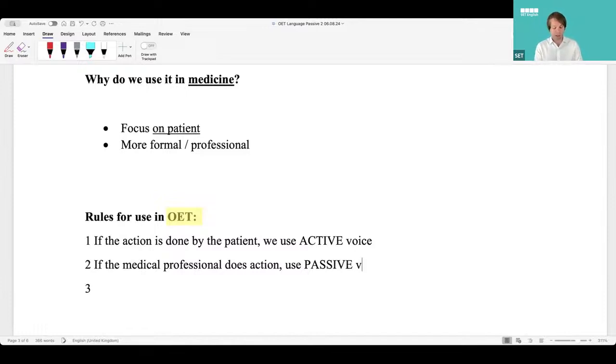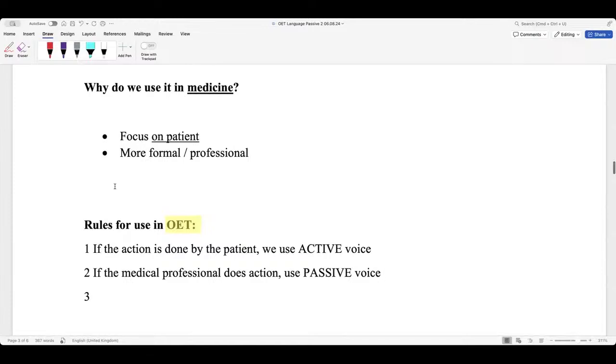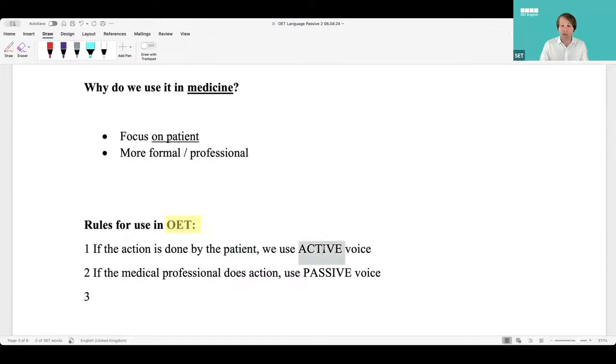Yes. And what's the reason? Why? Because the focus should be on the patient. If the patient is doing the action, we use active because the focus is on the patient. If the medical professional does the action, we use passive to keep focus on the patient.